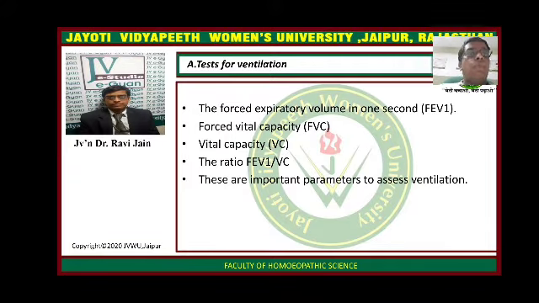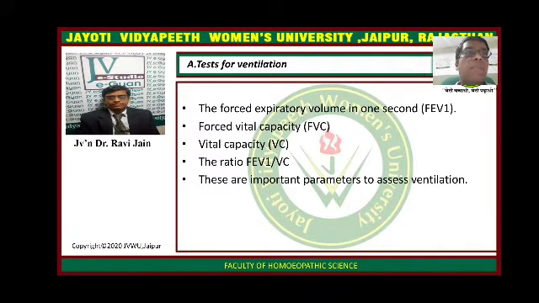Now, how to perform the test of ventilation? There are certain things that are to be kept in mind while assessing the pulmonary functions of a particular individual. In this slide, we will learn some specific values that we should know before assessing the lung function test.